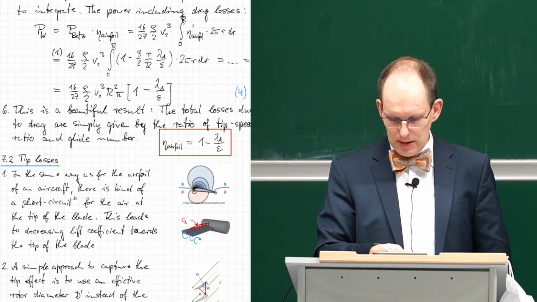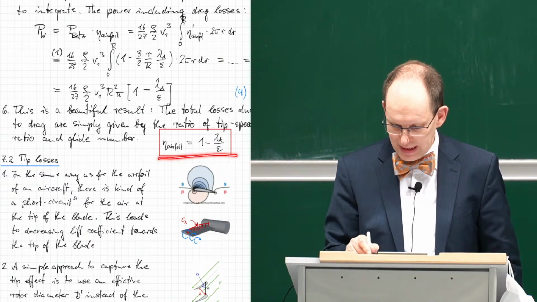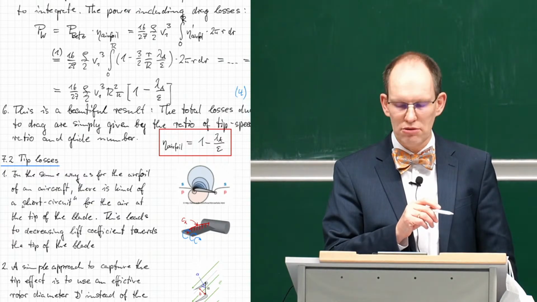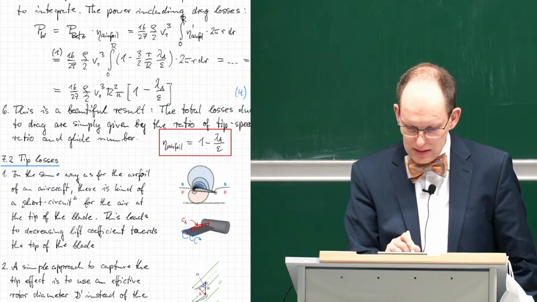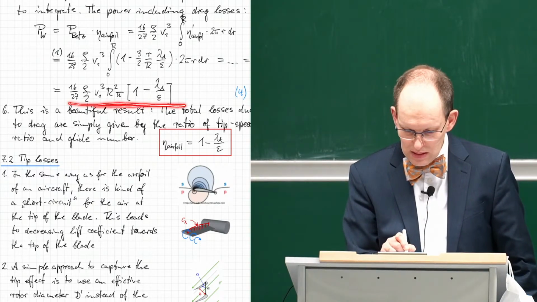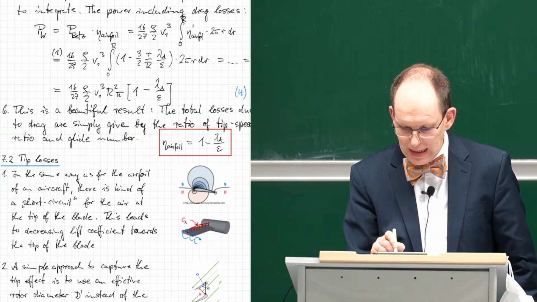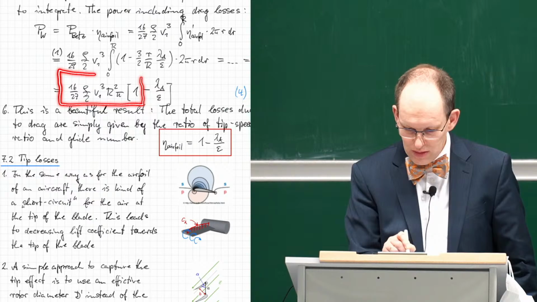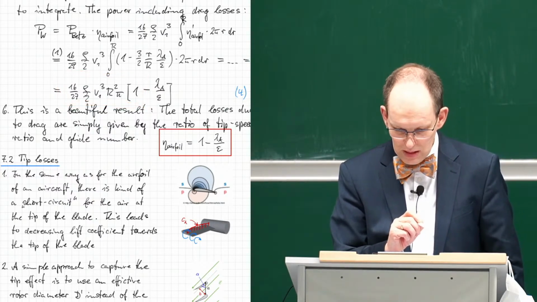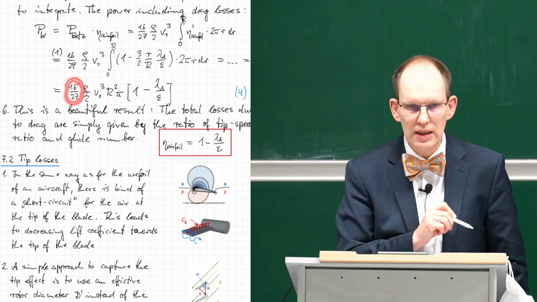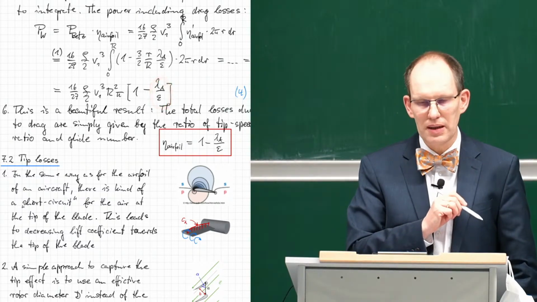And we found a simple formula. I noticed that I didn't write it down explicitly, so I added it here to the script, and I also put a red rectangle around it. So here you see the power that you could get from an ideal windmill. You see here the Betz coefficient, and now it is reduced by this quantity.